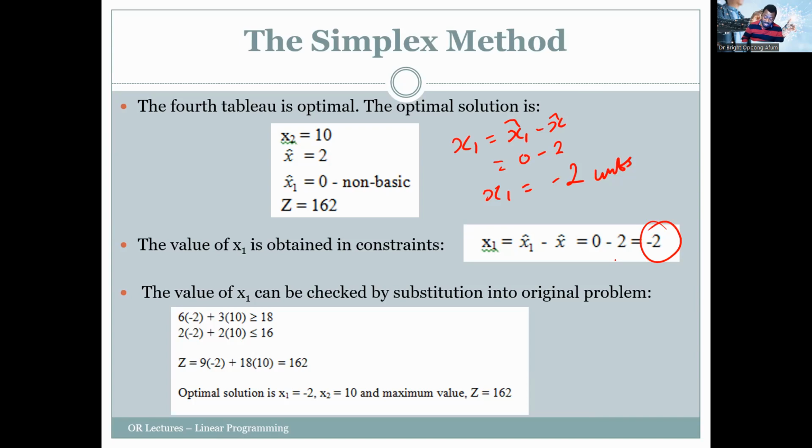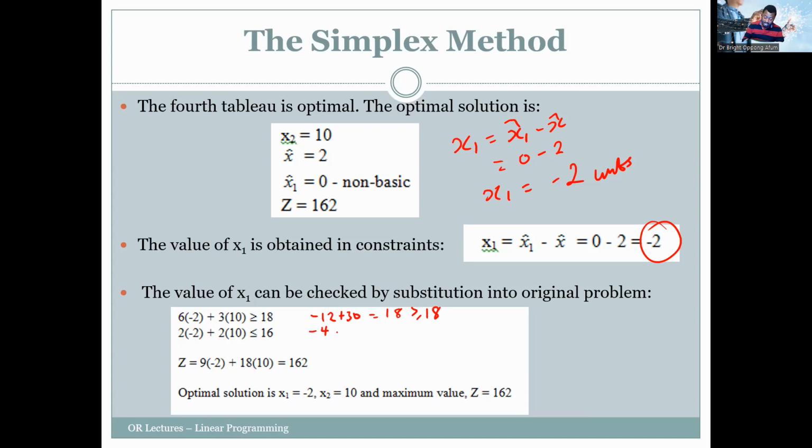What this means is that this negative 2 was actually part of the decision variable, but to be able to solve using the simplex, we have to treat it, and that was why we use x1 cap minus S cap, right? If you check, it satisfies the constraints. 6 times negative 2 is negative 12, plus 30 is 18, and 18 is equal to 18, therefore it is correct.